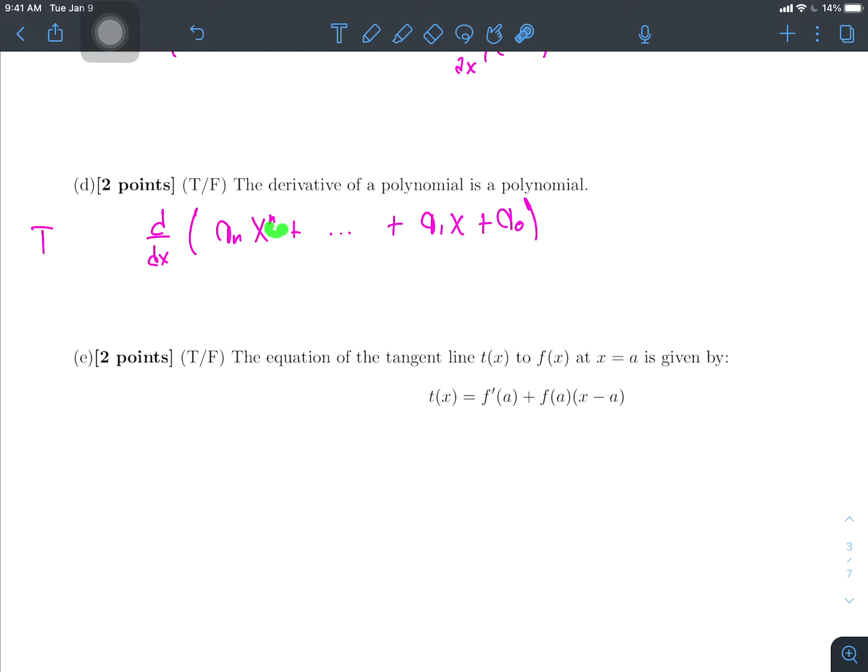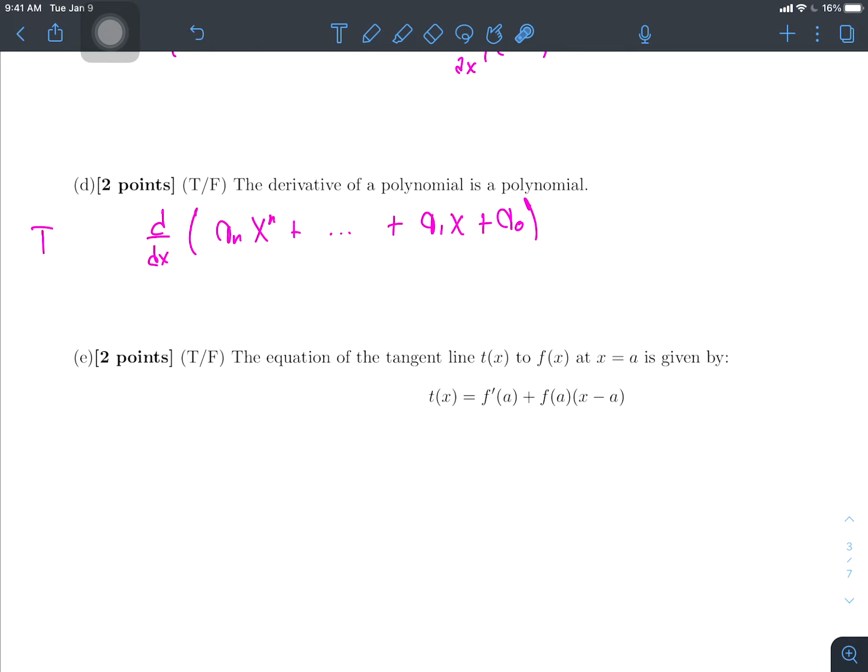Well, if the power n is a non-negative integer, then n minus 1 is also a non-negative integer all the way up to the n equals 0 term, right? But if we think about that constant term, when we take its derivative, it's going to go away. So we're never going to wind up with negative powers of x.